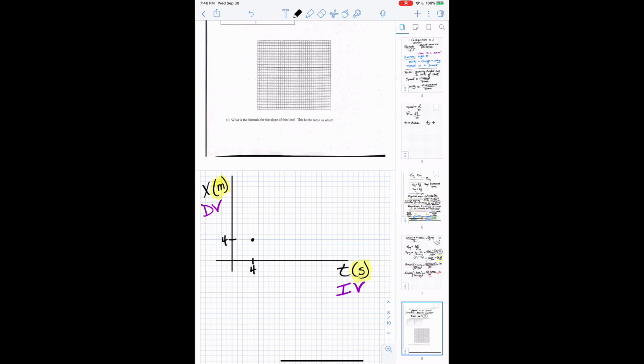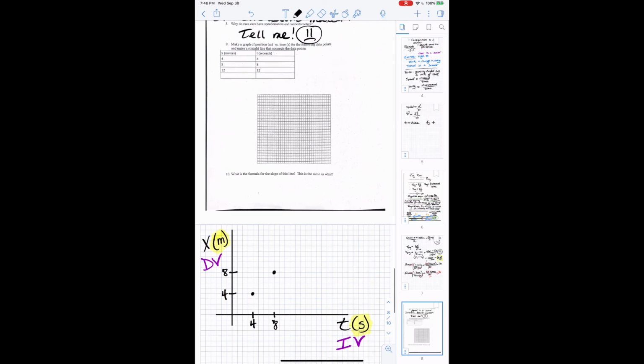All right, 5, 6, 7, 8. And we'll put a point at 8, 8. When you say 8, 8, the x variable is always first, by the way.